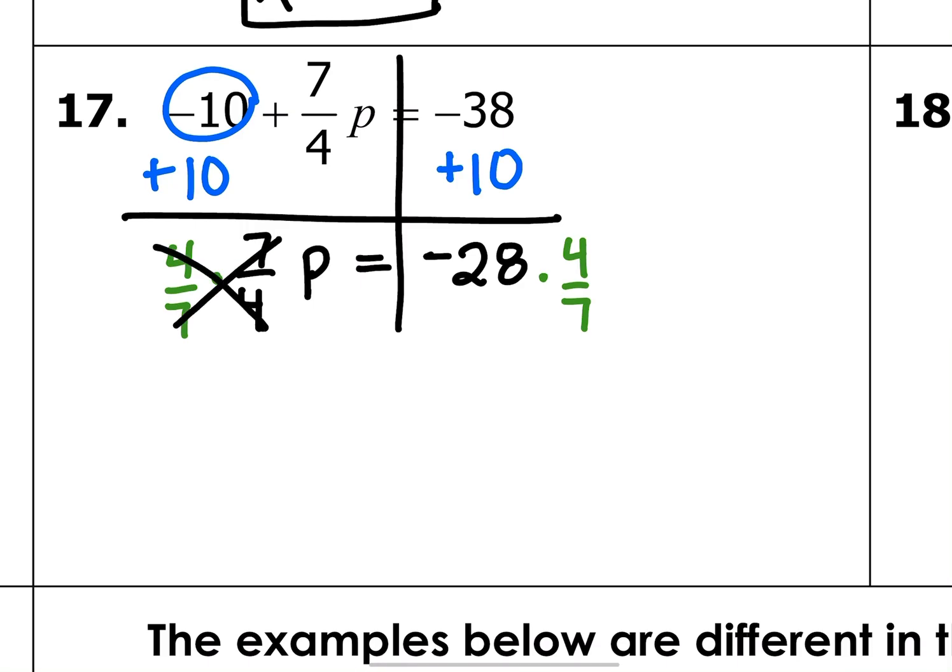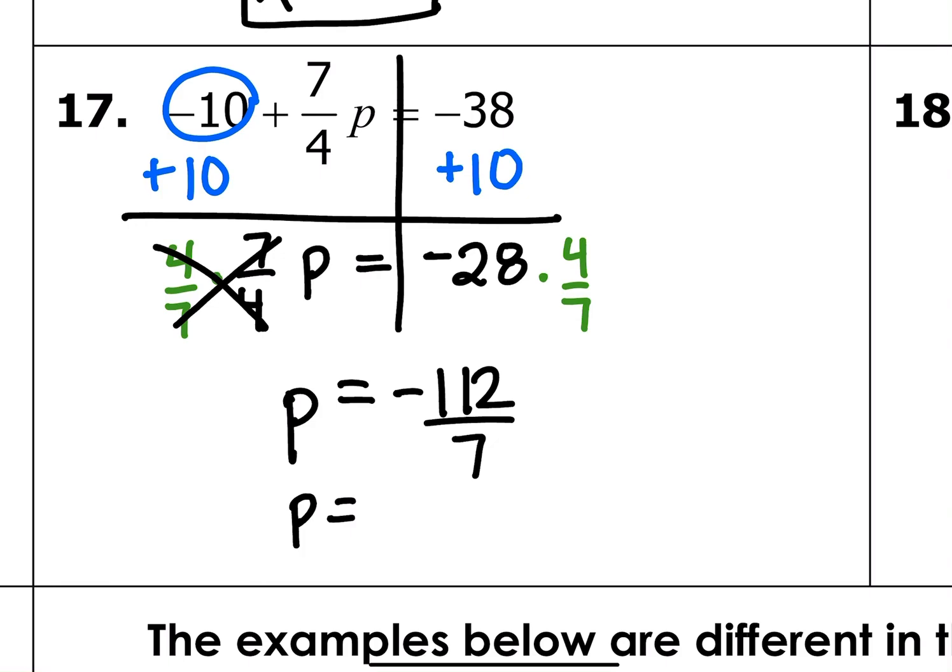These cancel, and we get p equals, again, I'm taking the long way and I'm multiplying across. You do not have to, but we're going to get negative 112/7, which becomes negative 16.